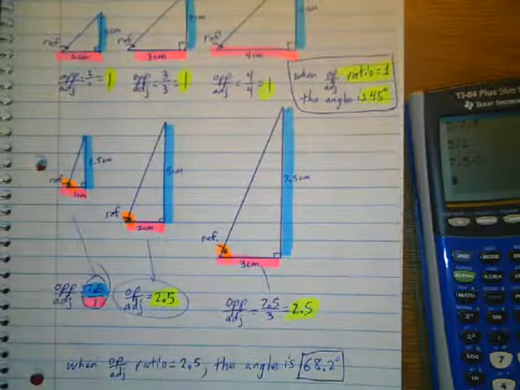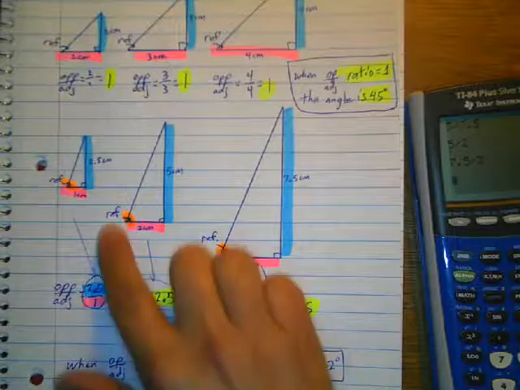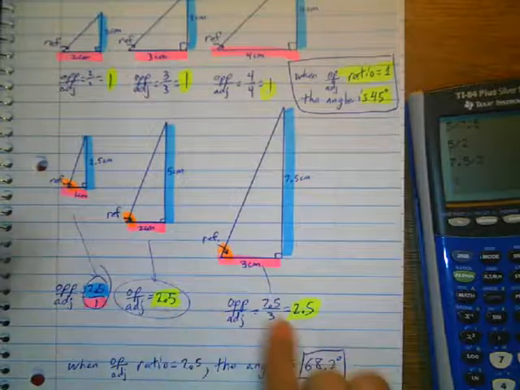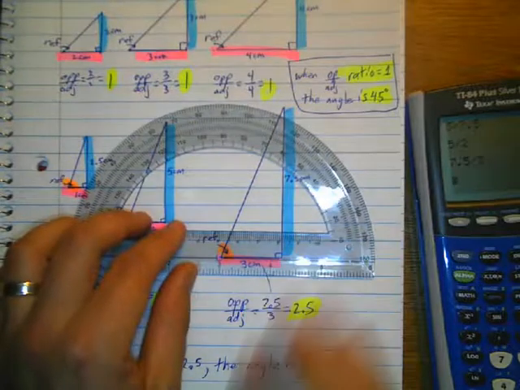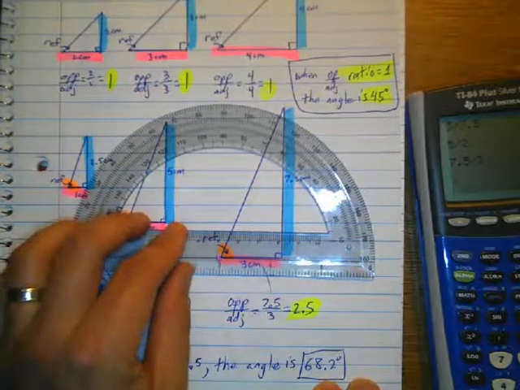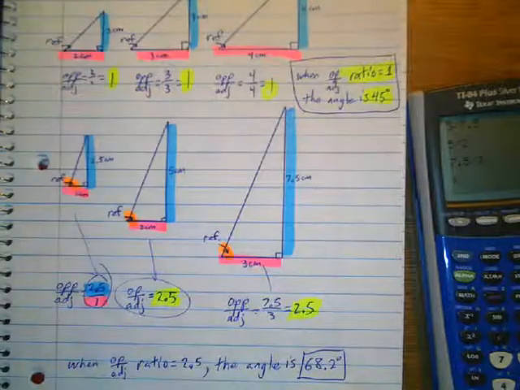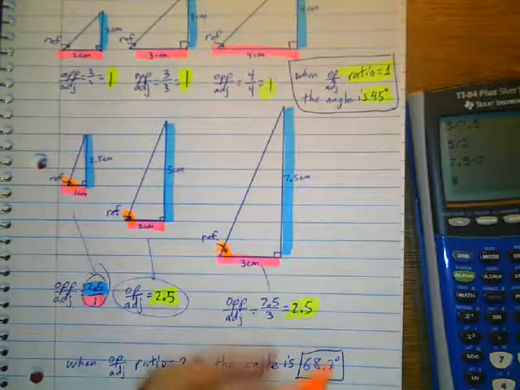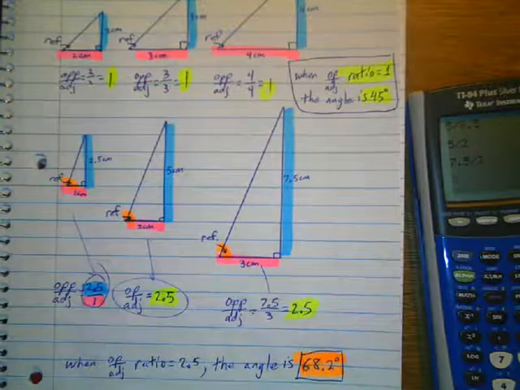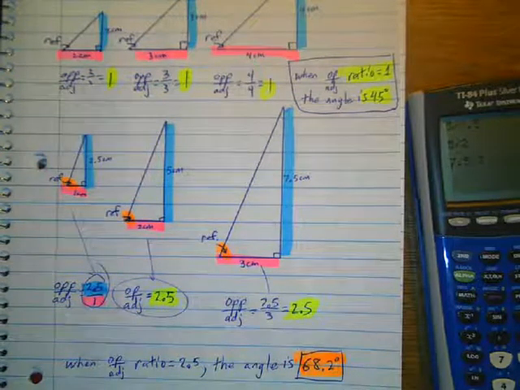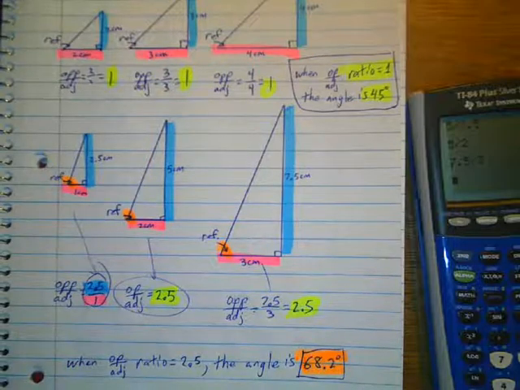And whenever you've got this ratio of 2.5 with the opposite over the adjacent, you will end up with a 68.2 degree angle with the reference angle. Okay, you may want to watch this a couple of times, and hopefully this will help.